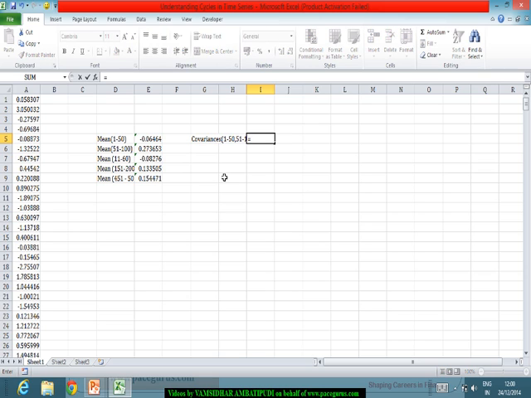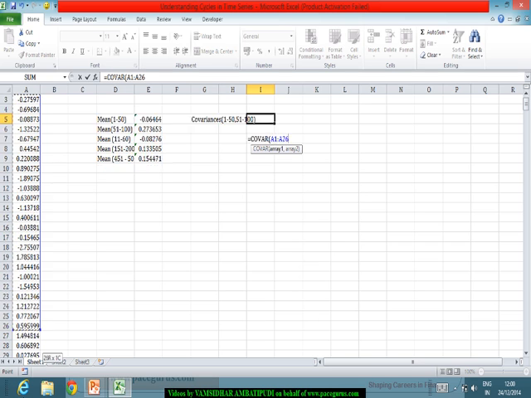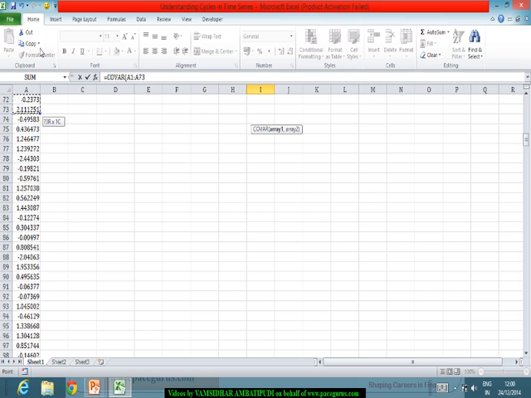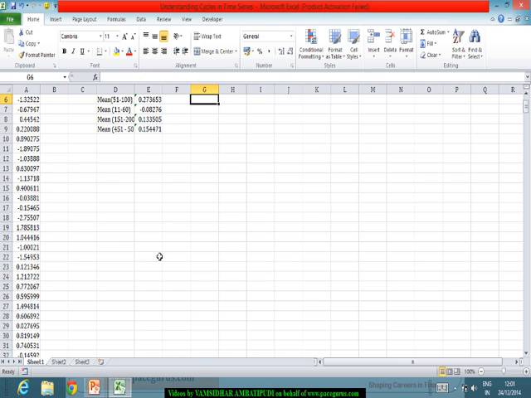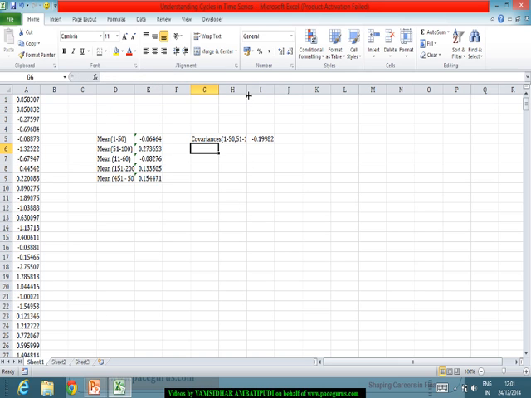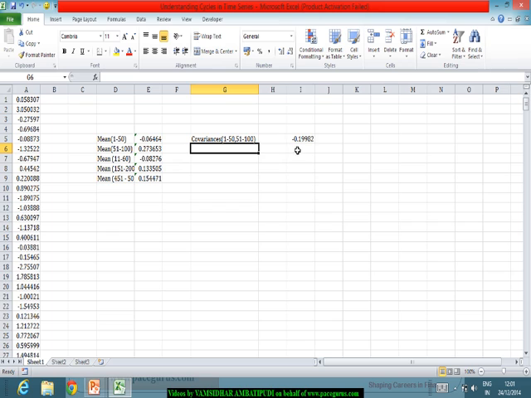Taking 1 to 50 as one set and 51 to 100 as another set, a lag of 50, the covariance is showing as minus 0.19.